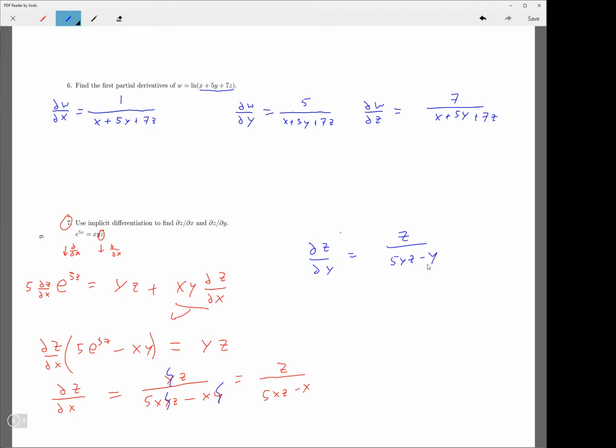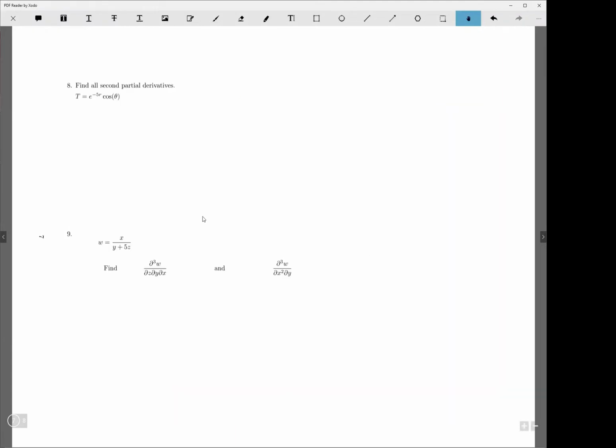So let's take a look at number 8. Find all second partial derivatives. First of all, the partial with respect to r of t.